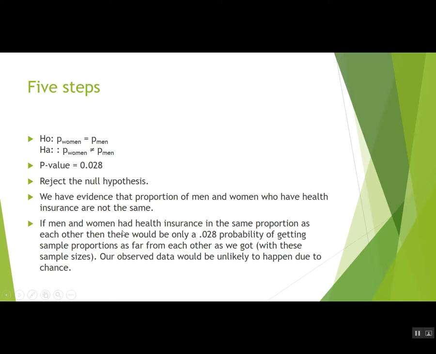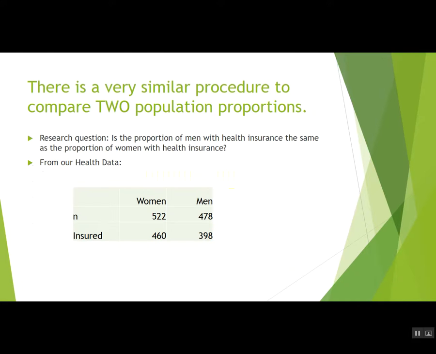If men and women had health insurance in the same proportion as each other, if the two proportions were the same, there'd only be a 0.028 probability of getting sample proportions as far away from each other as we got with these sample sizes. So our observed data would be unlikely to happen due to chance. This is the observed data.